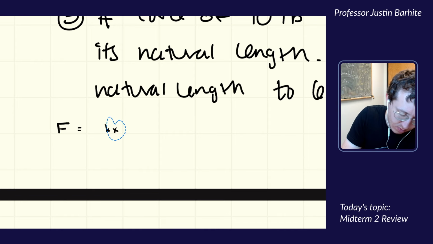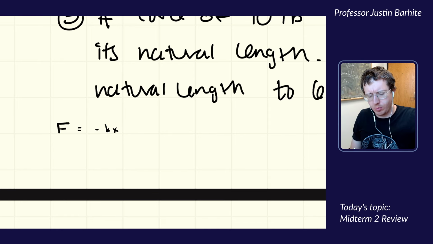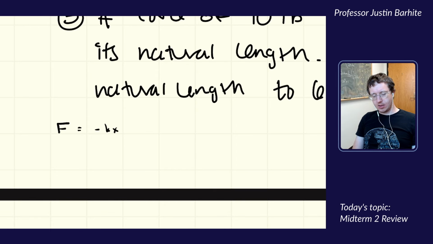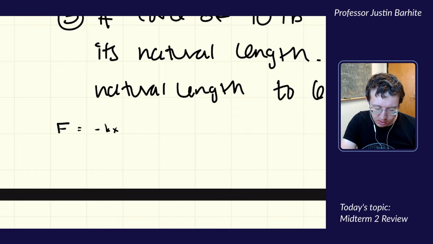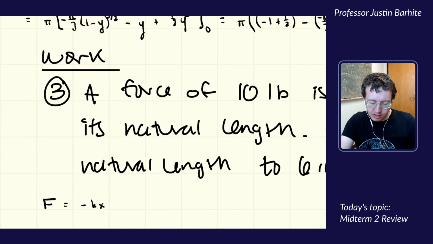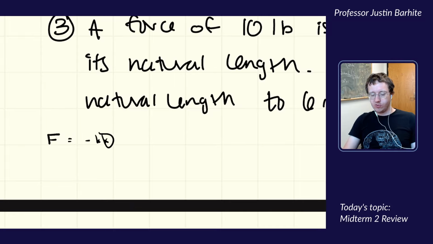And I guess we usually put a minus sign in there to indicate that the force is opposite the direction that the spring is being pulled. And an x here means how far the spring has been stretched beyond its natural length.